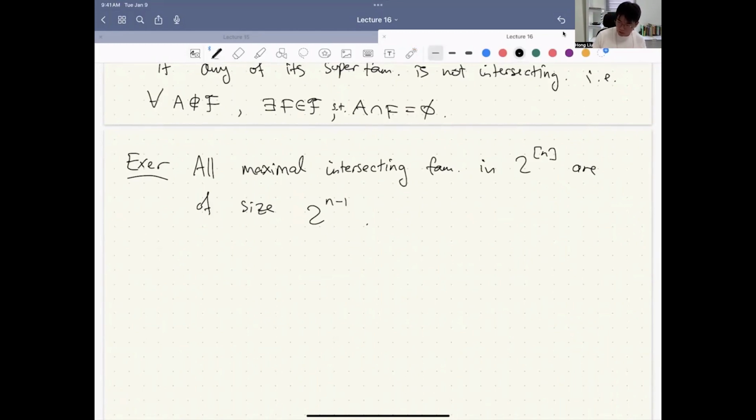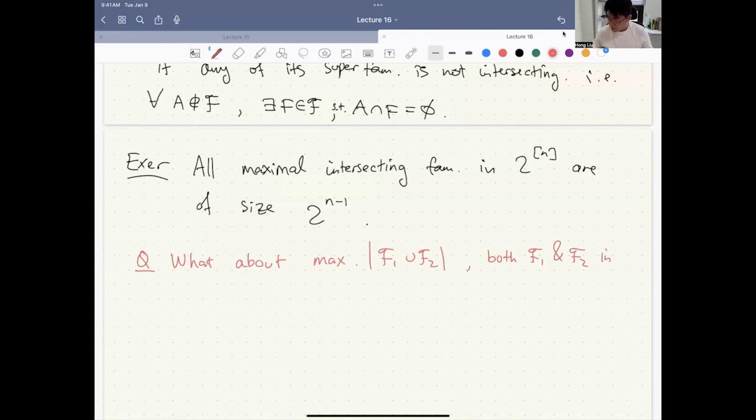So here's the question. What about maximizing F1 union F2, where both F1 and F2 are intersecting families? This is something we want to answer using this nice inequality by Harris and Kleitman.